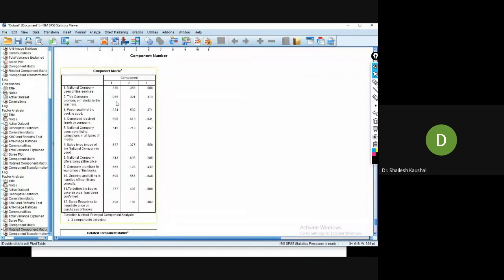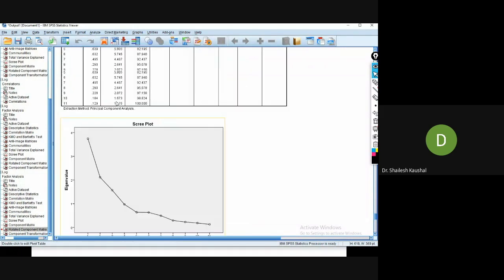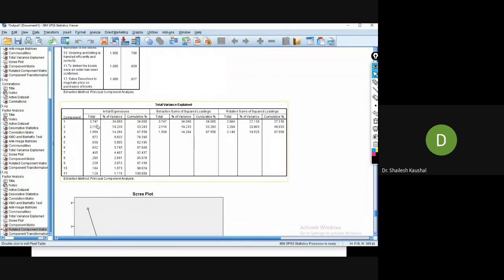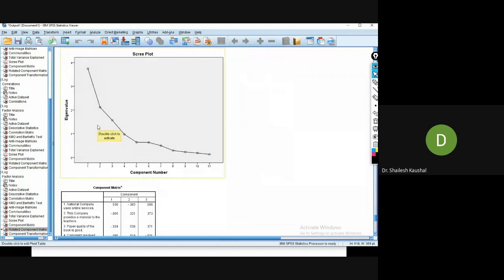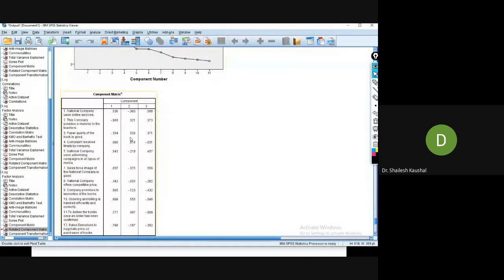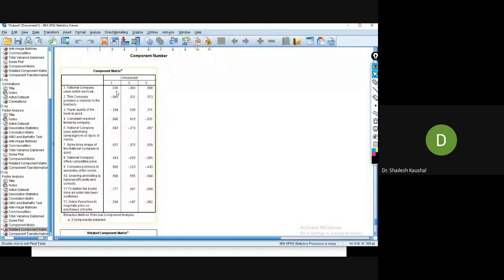So how do we obtain this value, 3.747? This value came when we square all the factor loadings and add. Now square of 0.536 plus square of minus 0.0565 plus square of this factor loading minus 0.334.